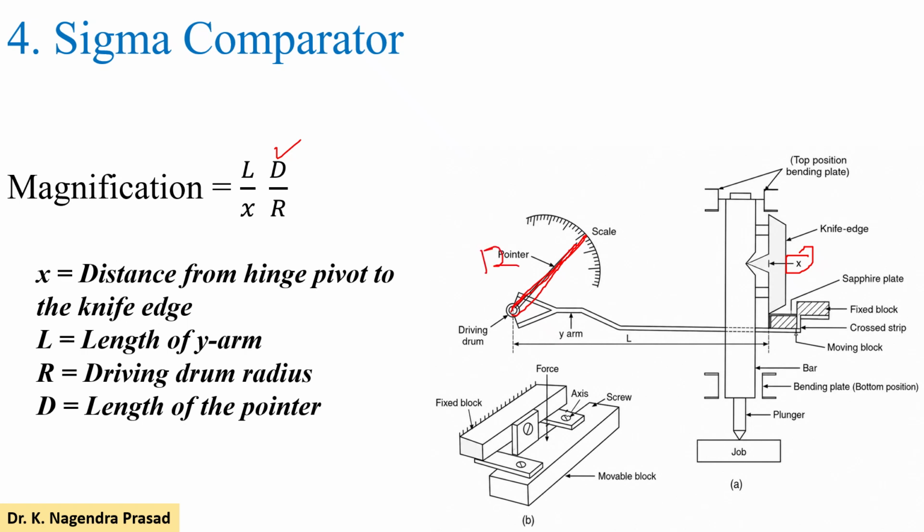So magnification equals L by X into D by R. So magnification has a linear relation with the length of the arm and length of the pointer, and it has an inverse relationship with the knife edge distance and the driving drum radius.